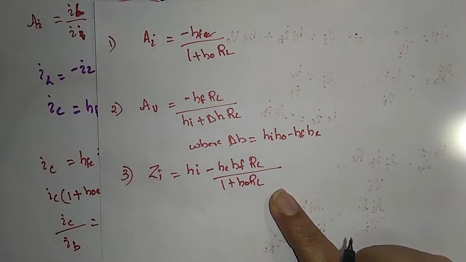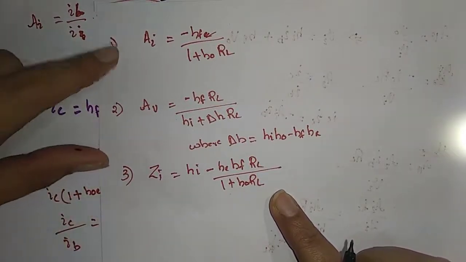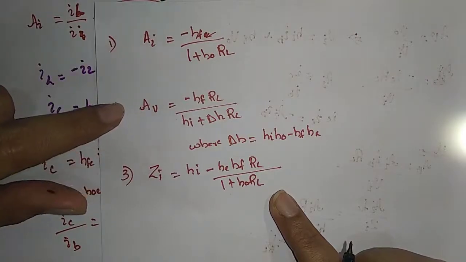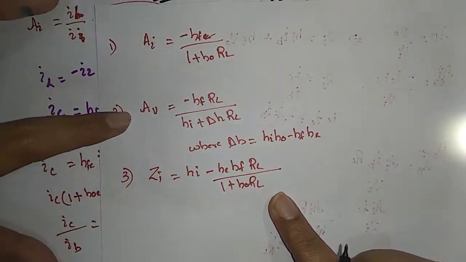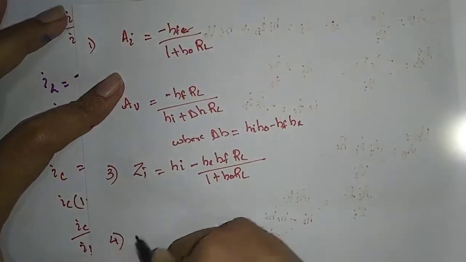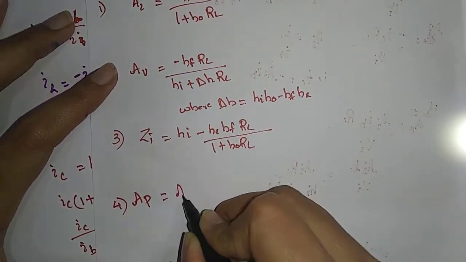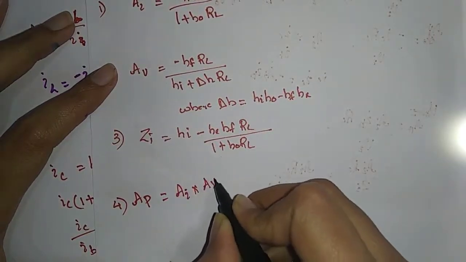Now, before finding out the output impedance, since I know the current gain and the voltage gain, I can also write a fourth equation. I can also find out the power gain. What is the power gain? That is equal to current gain into voltage gain.